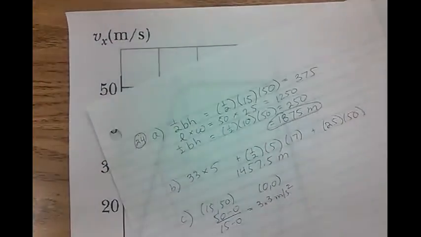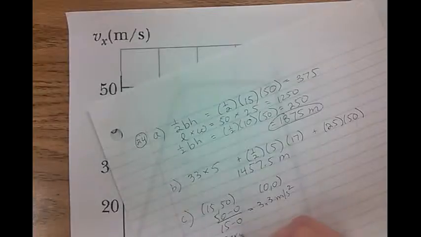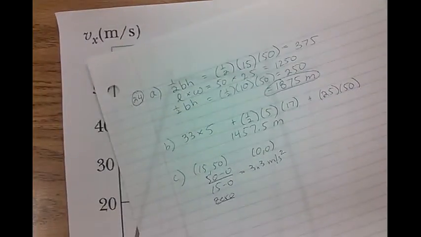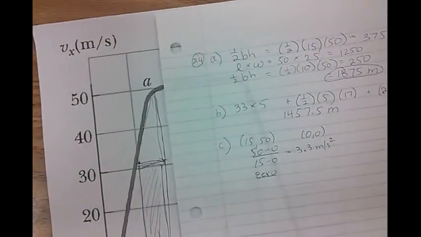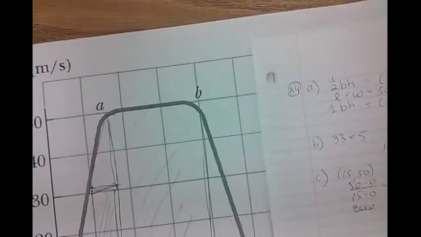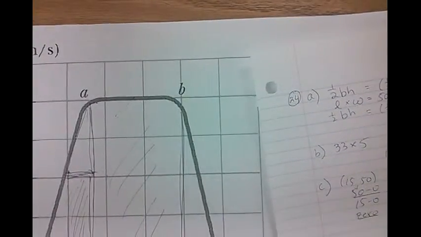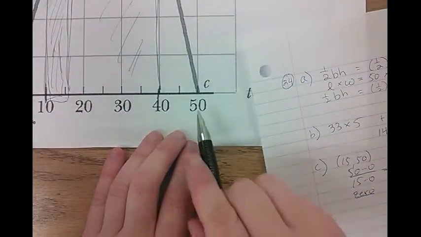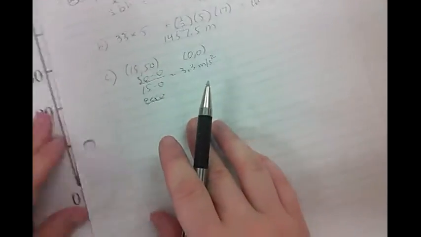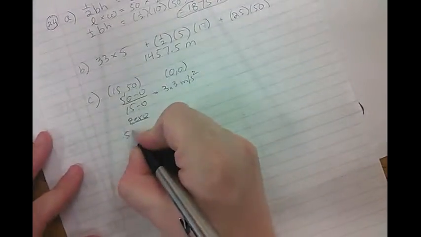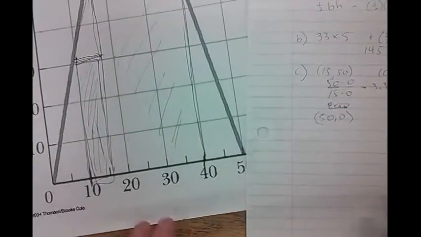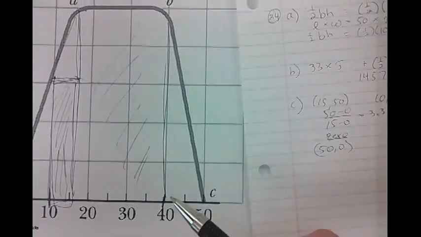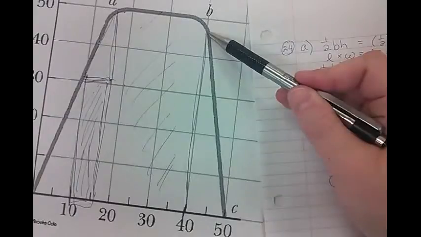Now the next interval is pretty easy. It just has a slope of 0. And then the next interval, so we've got one point at 50, 0. And then we've got another point at 40, 50.